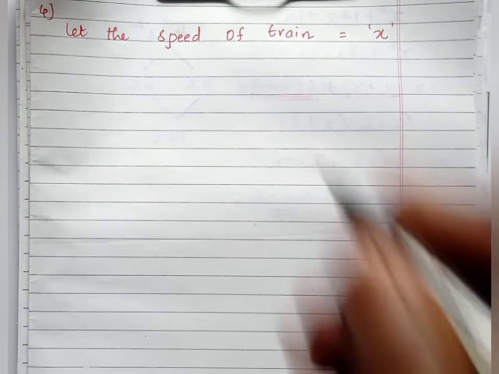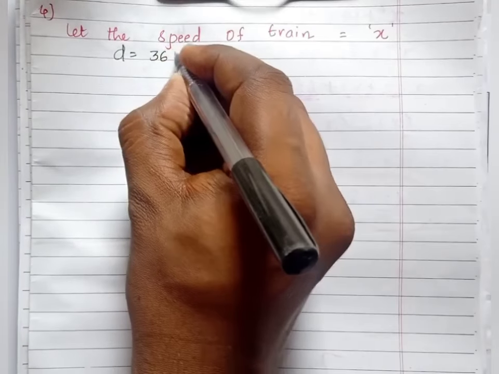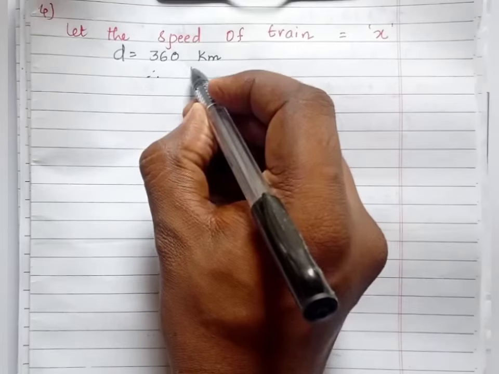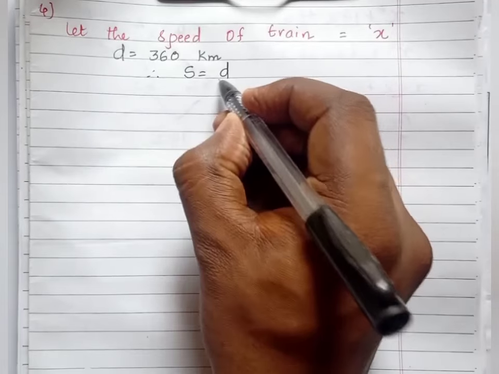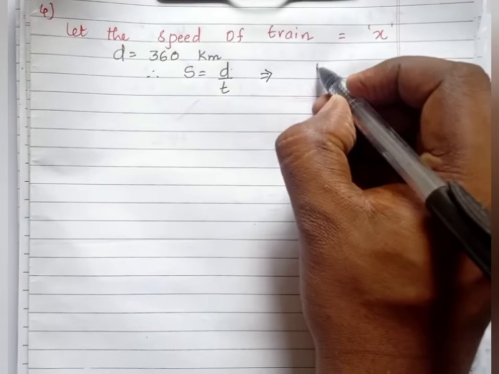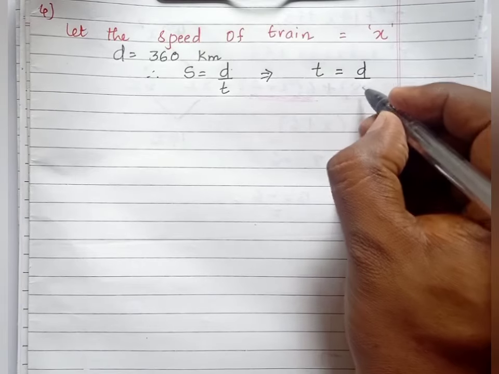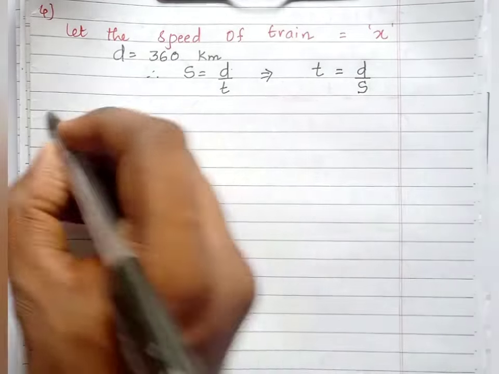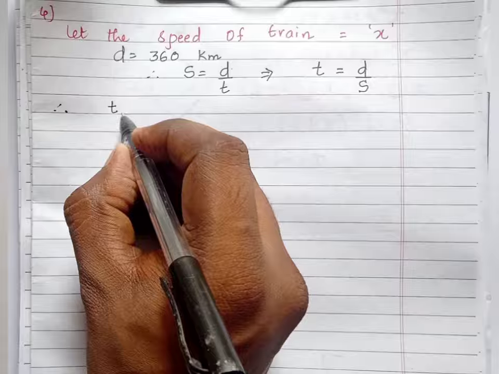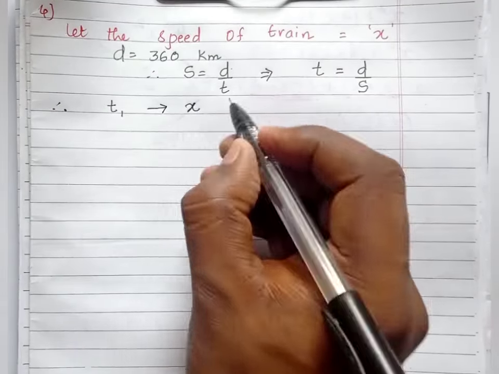Now the total distance travelled by the train is d equals 360 kilometers. We should know the constant speed equals distance travelled by time taken. I'll write it as time equals distance by speed. Now let t1 be the time taken at normal speed, that is at a speed x.